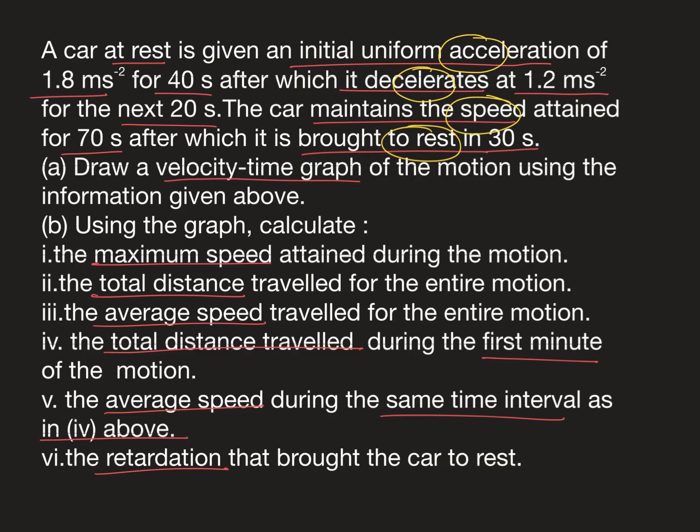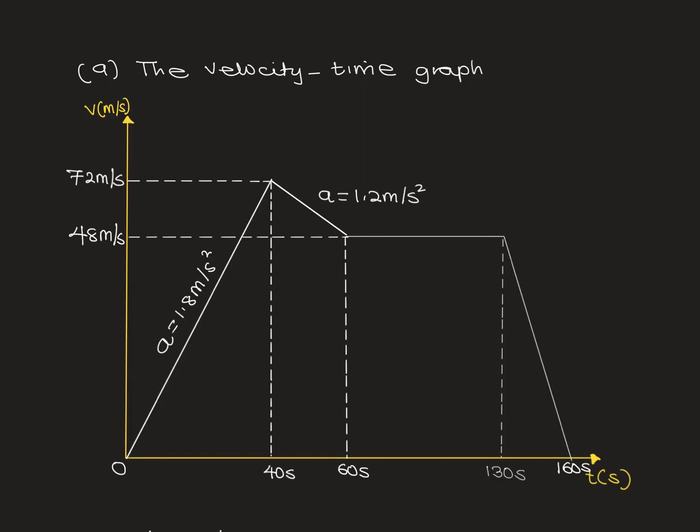And finally, question B6 is asking us the retardation that brought the car to rest. So we will consider the velocity time graph for this answer. If we analyze this velocity time graph, the car starts to decelerate to rest from here and it reaches this point.